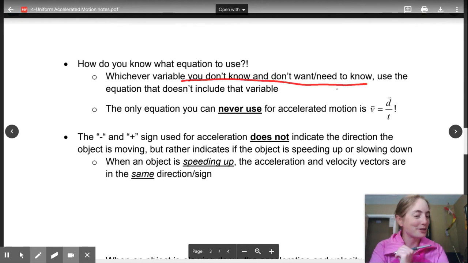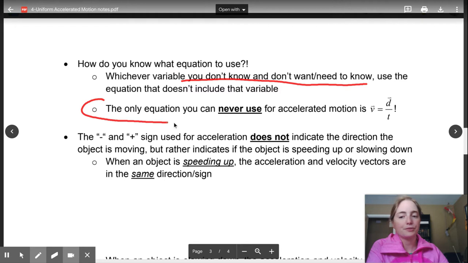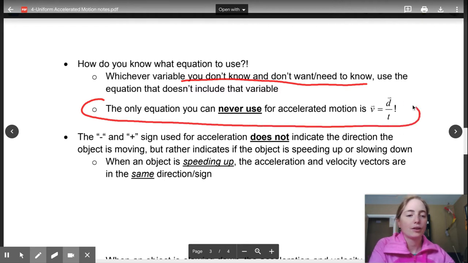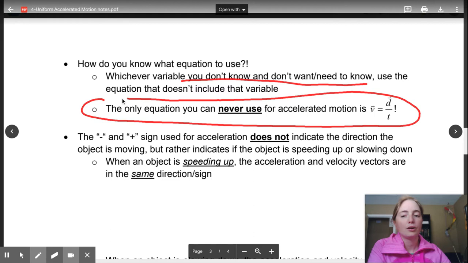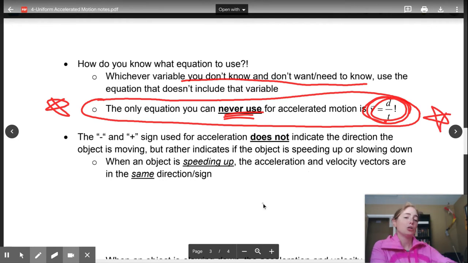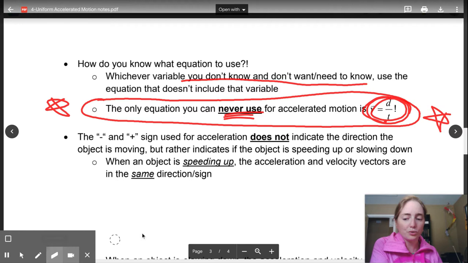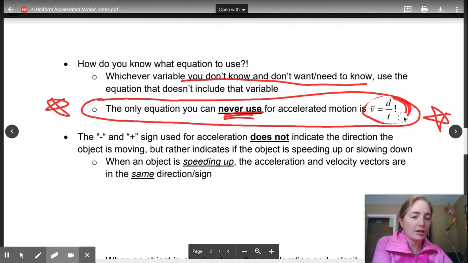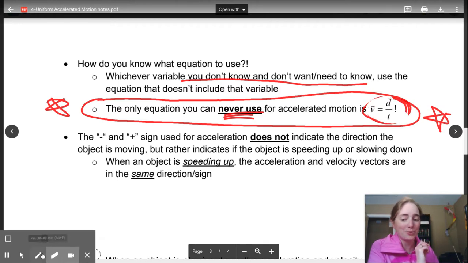Okay. I'll go over that one a little bit more practically when we start looking at our lovely practice problems. Okay. I want you guys to circle this. You can never use this equation for accelerated motion, okay? This is something that has caused a lot of grief for a lot of kids over the years, so watch out for this. If you use v equals d over t in a question that has anything to do with acceleration, I'm going to cry inside a little bit, okay?